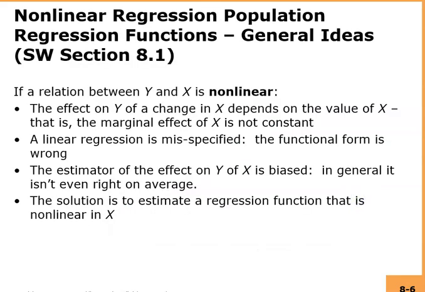So if a relationship between y and x variables is non-linear, the effect on y of a change in x depends on the value of x, that is, the marginal effect of x is not constant. So think of this previous example.